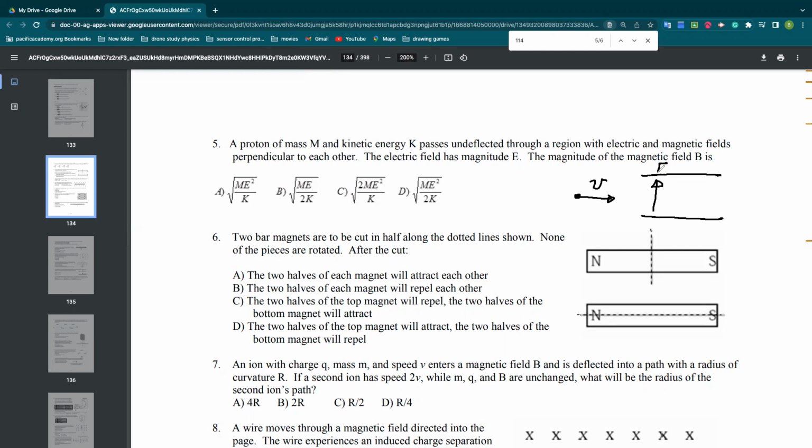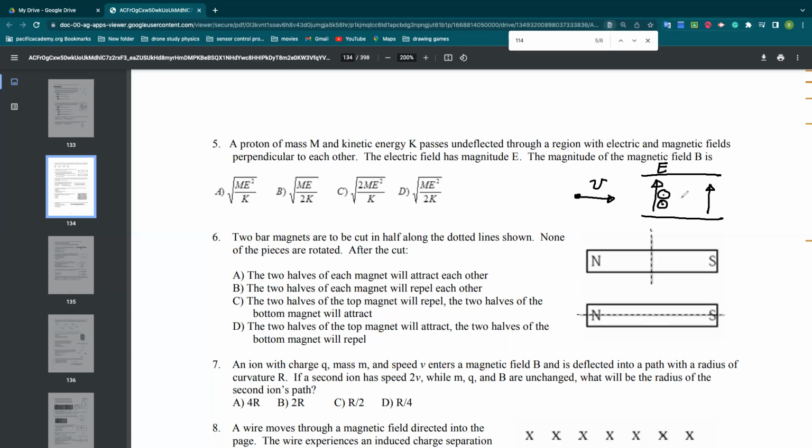So that's the E field going up. And the magnetic field is 90 degrees to it. So let's take it that the magnetic field is going out of the page everywhere in this region, pointing toward me right now.